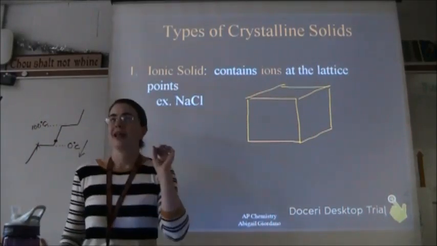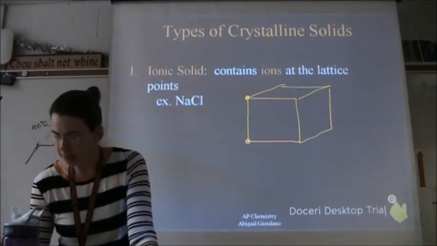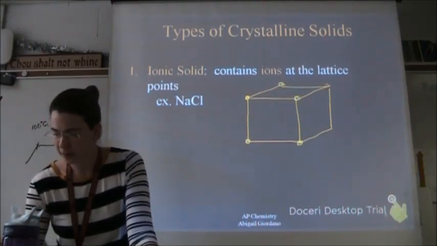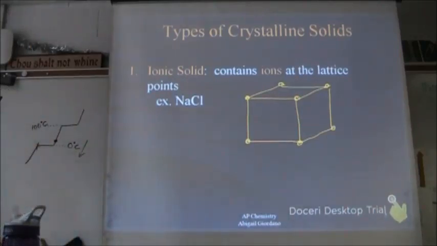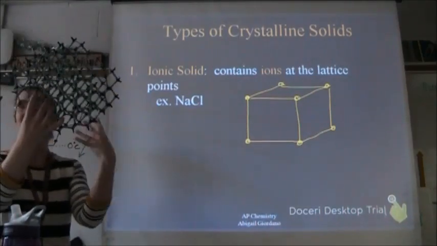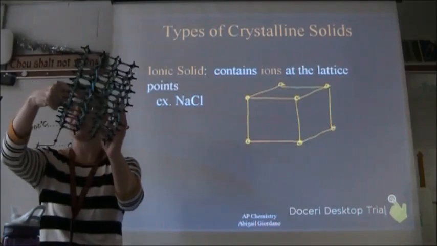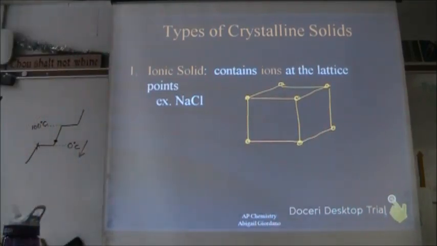This term, lattice point, means the junctions within that lattice structure. In that drawing, it happens to be the corners, but if I were talking about this model, the lattice points would be anywhere that you see a black piece. It's just wherever in your lattice structure are the junctions. Those are called lattice points.